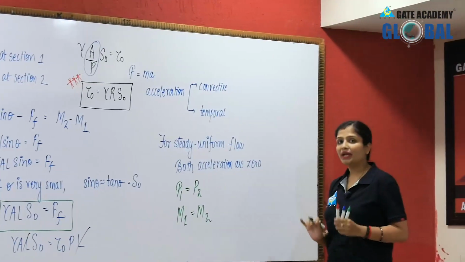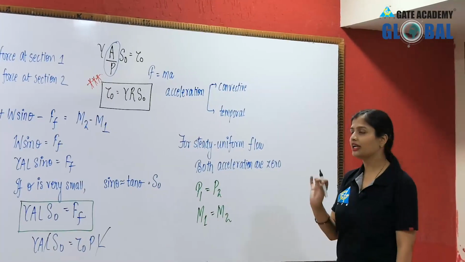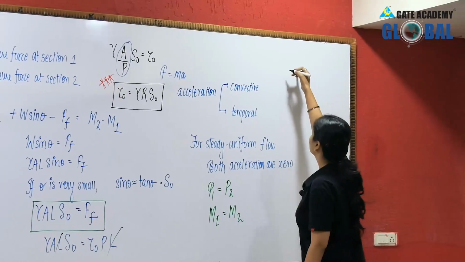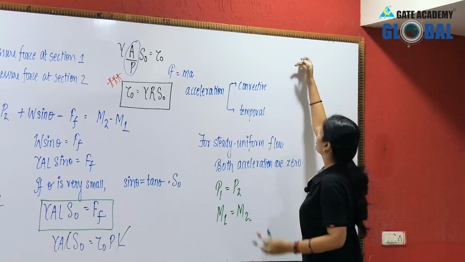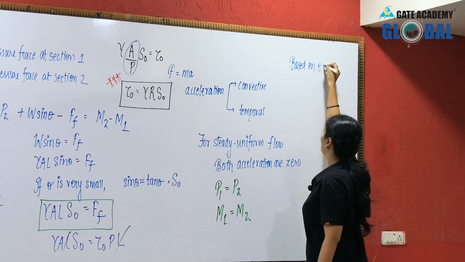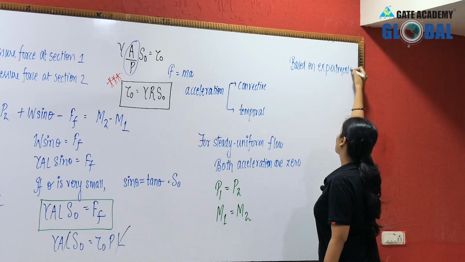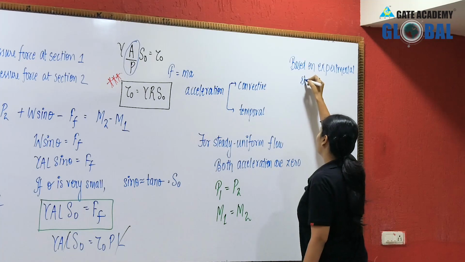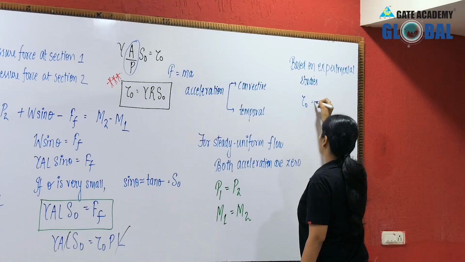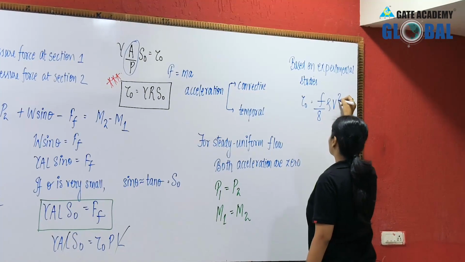Now, based on experimental studies, write it that first, based on experimental studies, tau naught is equal to F by 8 rho V square.